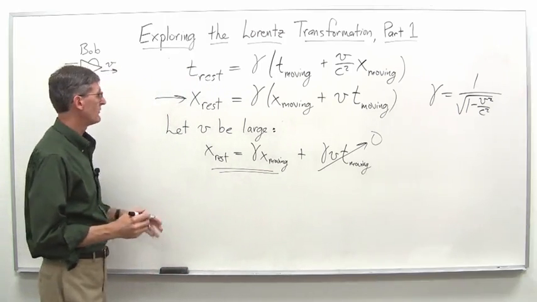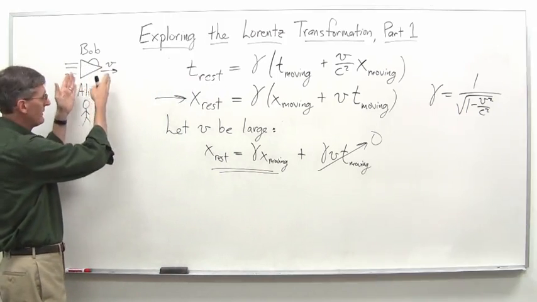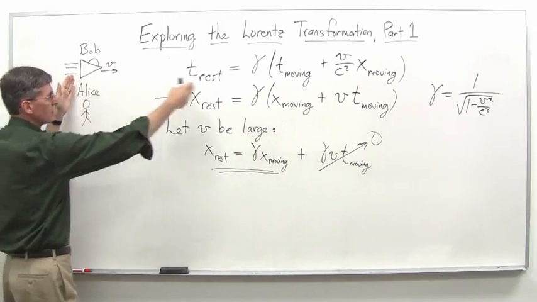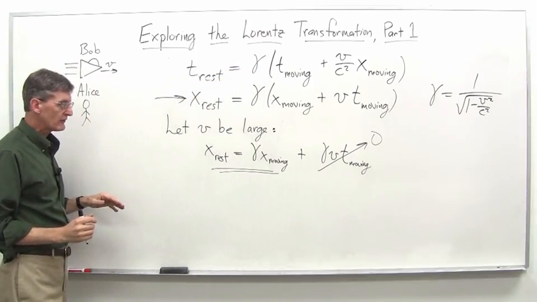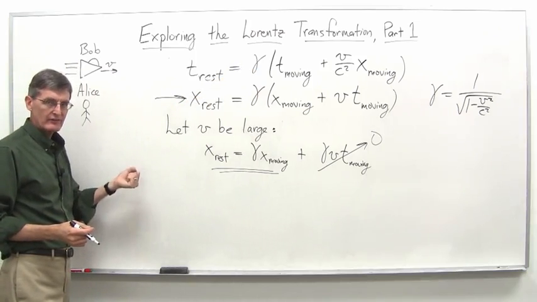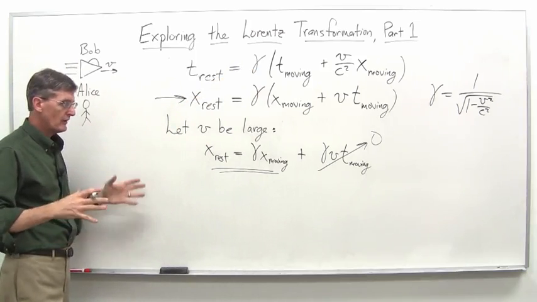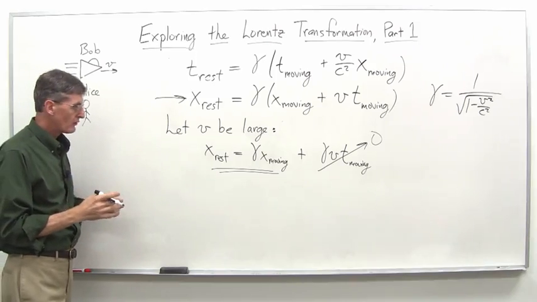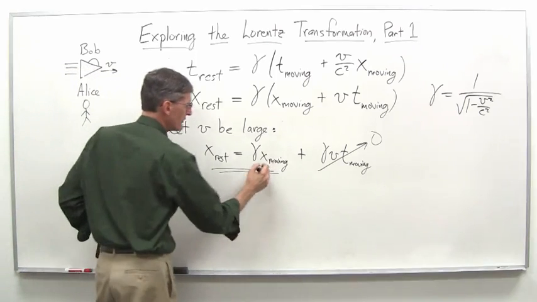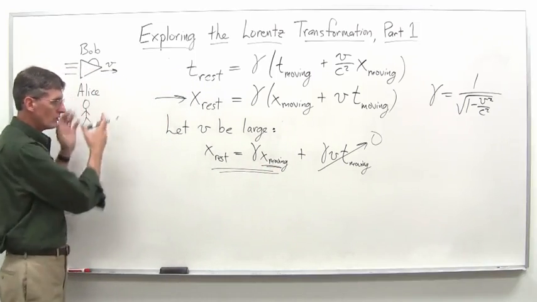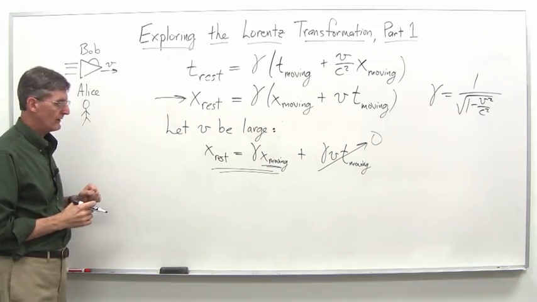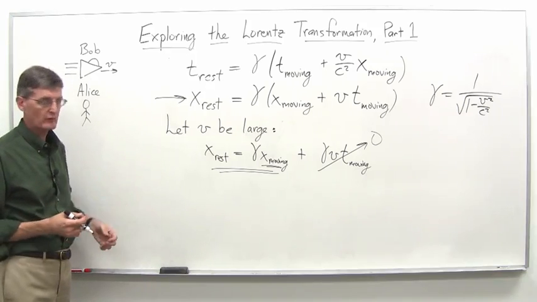In other words, what that is saying is if Bob says, okay, right at t equals 0 on my clock, I measure out, I see something at 23 out here. Alice, remember, length in the moving frame is going to be contracted. So Alice here will see x moving as less than her value for whatever the distance is, 23 or whatever.